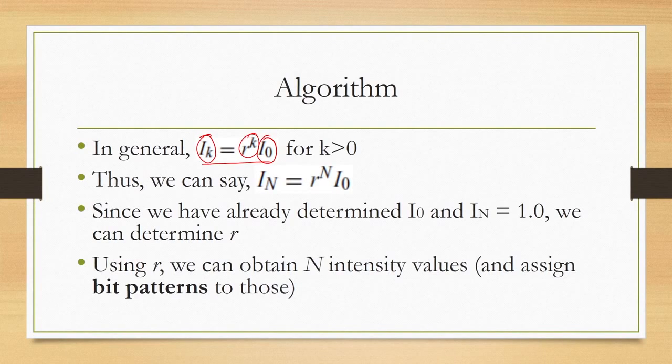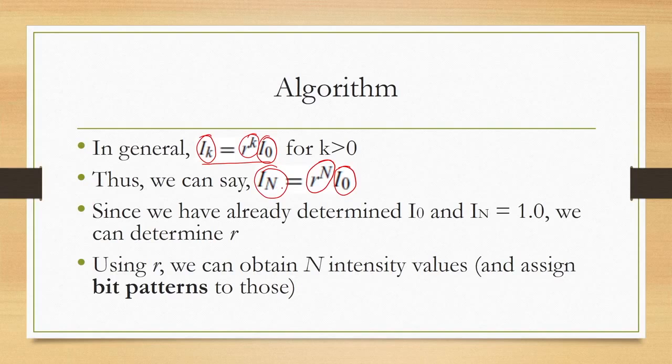Going along this line, we can say I n is equal to R to the power n times I0. So, this equation holds for any intensity value supported by the device.